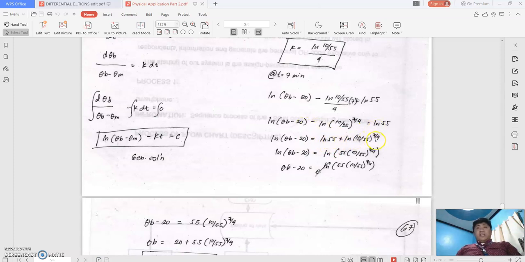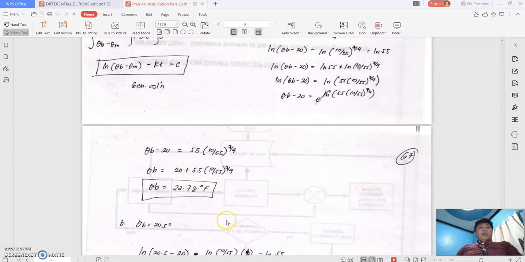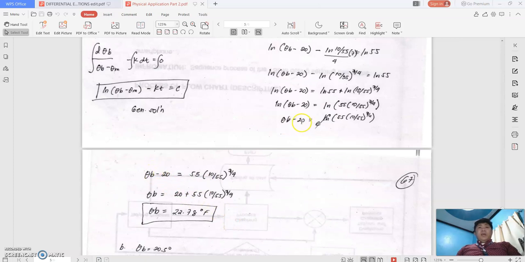Since they are all positive, I multiply 55 by 10 over 55 raised to the power of 7 over 4. I have ln here and ln on the other side, so I just transpose the ln so I could cancel it. What remains is theta b minus 20 equals 55 times 10 over 55 raised to the power of 7 over 4.